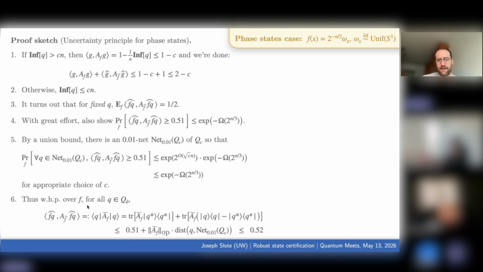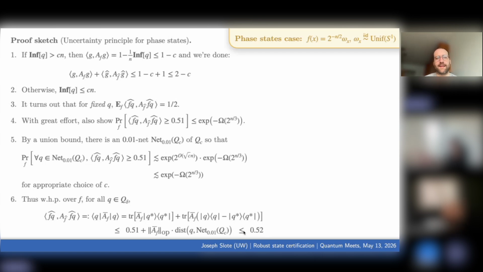And so we get now that with high probability over F, for all Q at all, the second inner product is at most 0.52, which is even more than we needed. So essentially we couldn't directly handle the Fourier side of the expression, and instead we did a win-win and some probability theory to make it work.